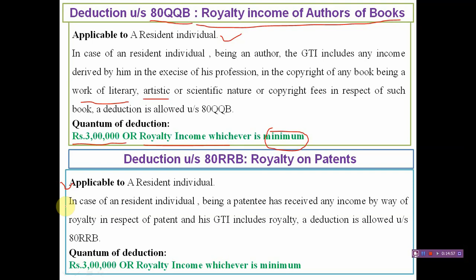In case a resident individual being a patentee has received any income by way of royalty in respect of patent, and his gross total income includes such royalty amount, then he can claim deduction under section 80RRB, and the quantum of deduction is same as deduction under section 80QQB, that is rupees 3 lakh maximum amount or the royalty income, whichever is minimum. These two deductions are relating to royalty, QQB and RRB.